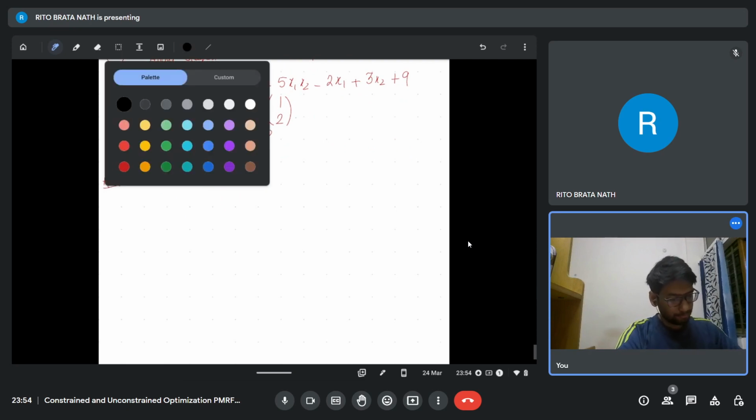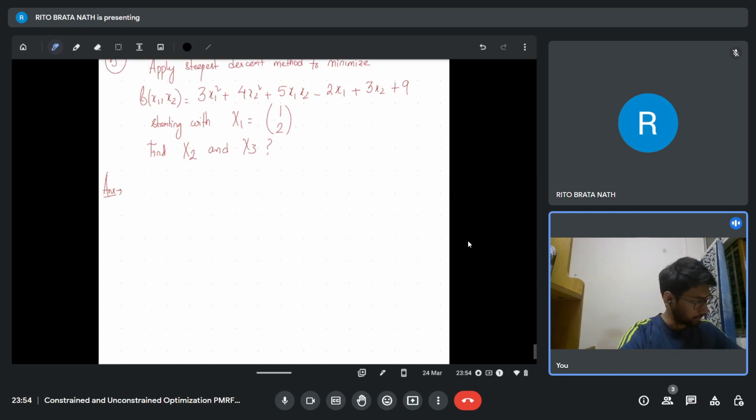Okay, so let me write down the function expression. So it's 3x1 squared plus 4x2 squared plus 5x1x2 minus 2x1 plus 3x2 plus 9.